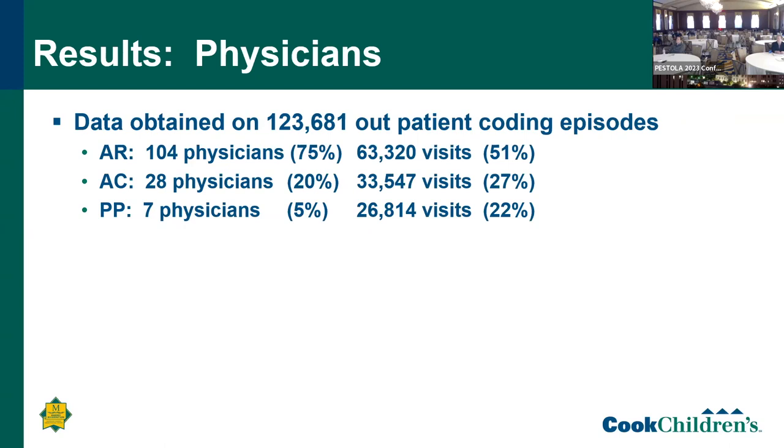And what we were able to use was data from 123,000 outpatient coding episodes. I didn't include in this talk the inpatient work, but 123,000 outpatient. So that's the equivalent of, like, we have 34,000 outpatient encounters in our institution, and we do 4,000 inpatient encounters.